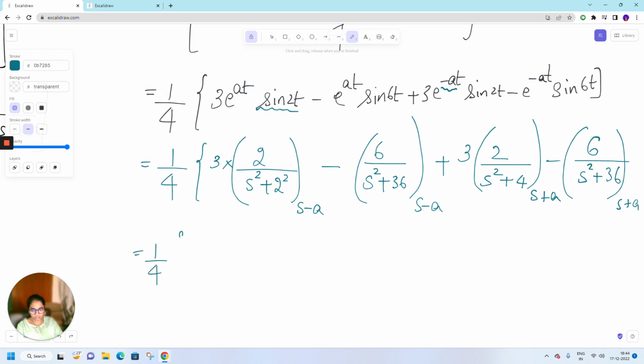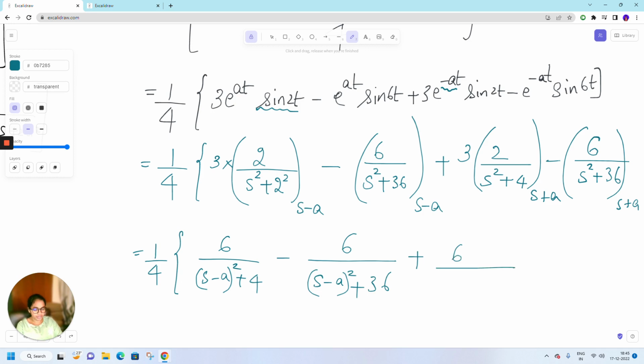Now what would I get? 1 divided by 4 into 6 divided by s square plus 4, on replacing s with s minus a, whole square plus 4, okay, minus 6 divided by s minus a the whole square plus 36, okay, plus 6 divided by s plus a the whole square plus 4 minus 6 divided by s plus a the whole square plus 9, okay.